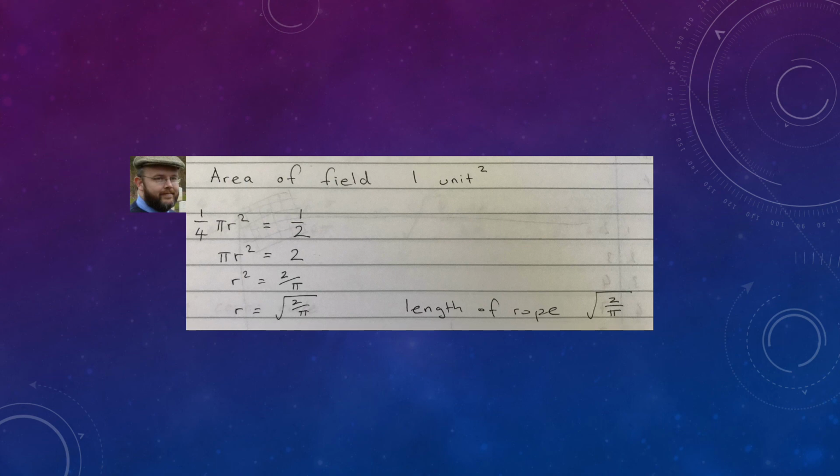Of course, there's an overlap, and so this overlap must be equivalent to the parts of the field that can't be reached, because we know that a half plus a half equals 1, and so that overlap must equal the unreachable areas.